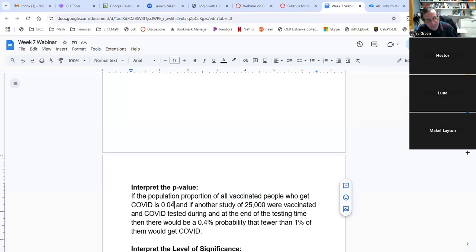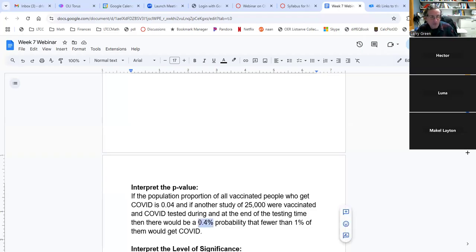And if that really is 0.04, and if another study, it's a little complicated. There were 40,000 originally, but there were 25,000 in what's called the control and the treatment group. And another study of 25,000 were vaccinated and COVID tested, and at the end of the testing time, then there would be a 0.4% probability that fewer than 1% of them would get COVID.